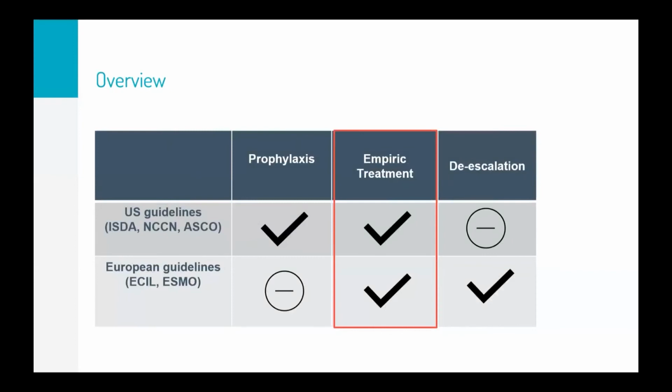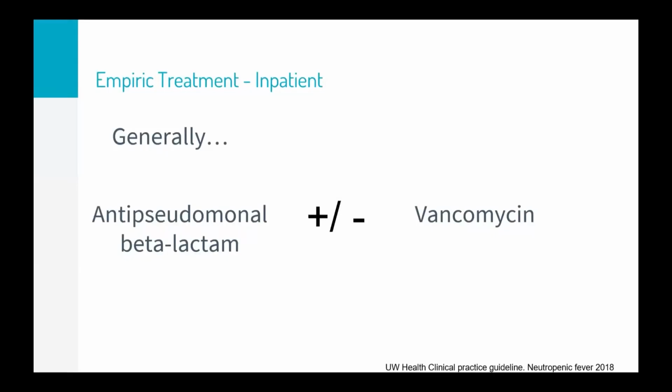So moving on to empiric treatment. And I want to preface this by saying that I am focusing on the inpatient setting here. You can treat certain patients with neutropenic fever as outpatients, and you can find more about that in our UW guideline.